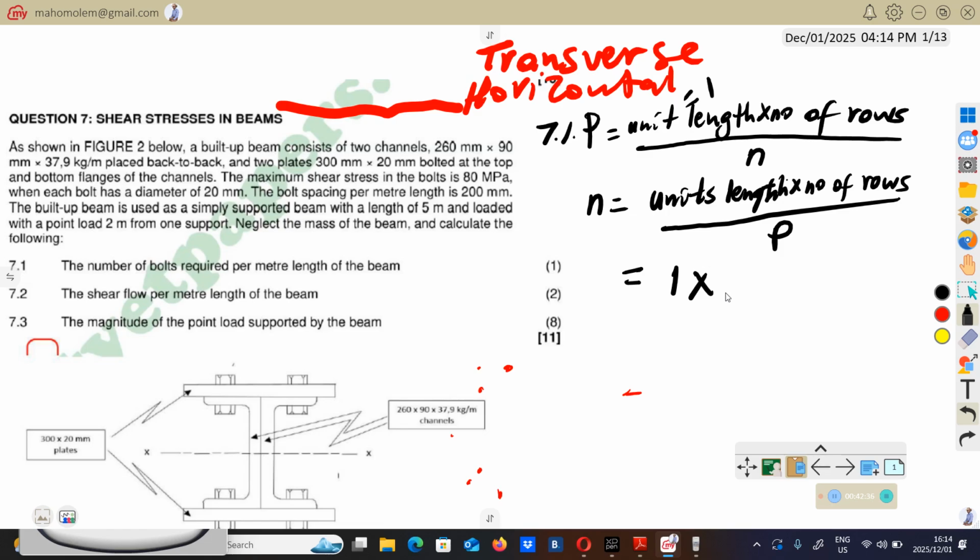So when you check here, the number of rows, they didn't tell you. They didn't mention the number of rows in the question statement. But right now you can just check the drawing. So when you go to this drawing in 3D, it will be something like this.